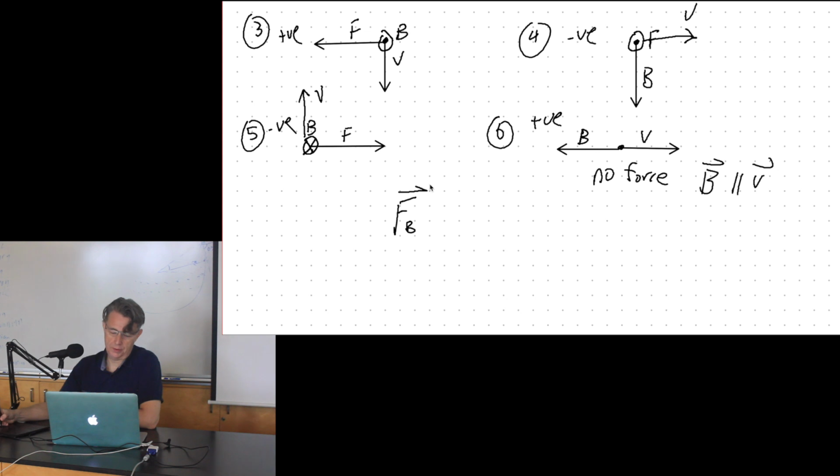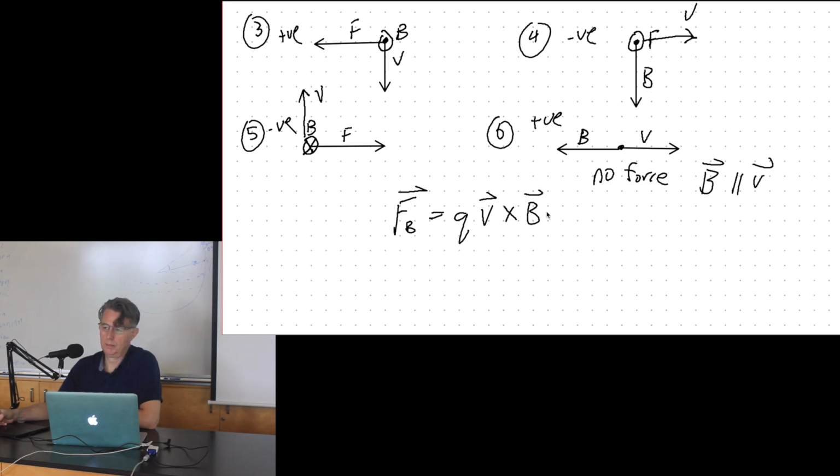This is the university version of the formula, which uses something called a cross product, which I can't fully teach you in the context of high school. But it is this: Q, being a charge, you plug the charge in, and then the velocity vector cross the magnetic field vector.